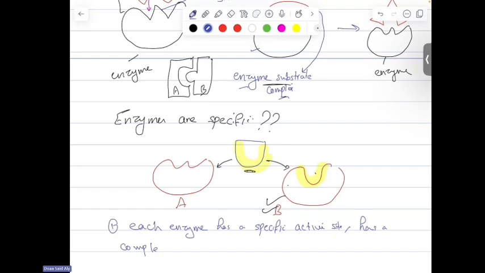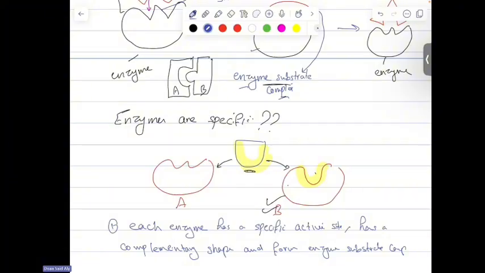You must memorize this word: has a complementary shape. They bind together and form enzyme substrate complex. By this way you will get the 3 marks.